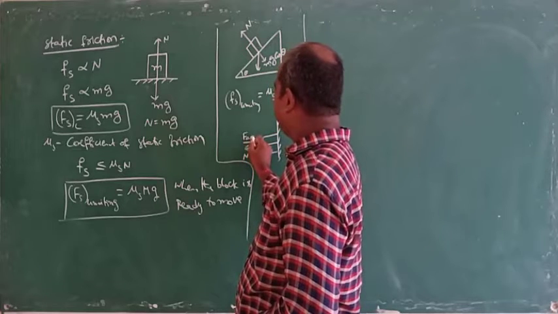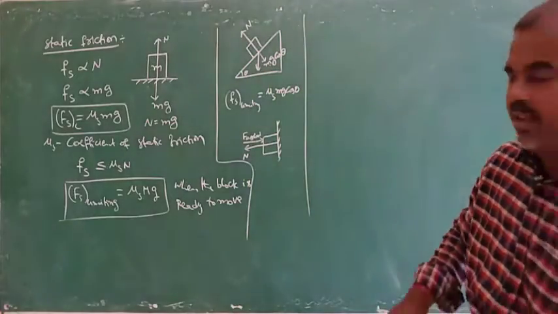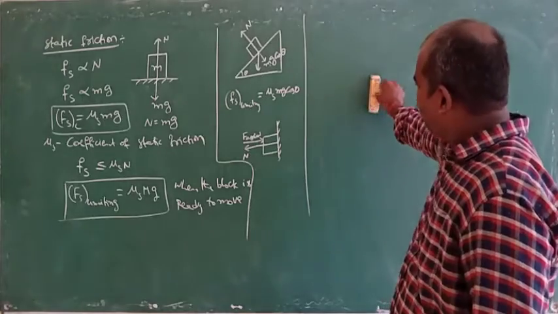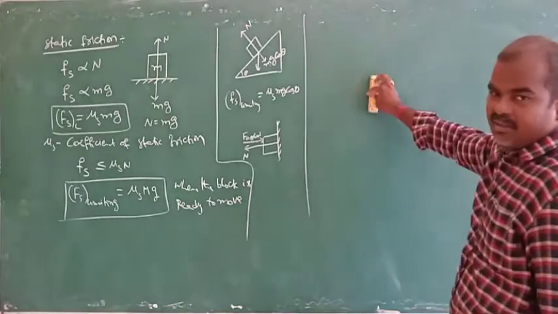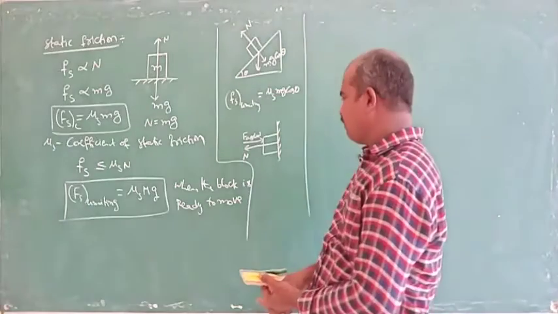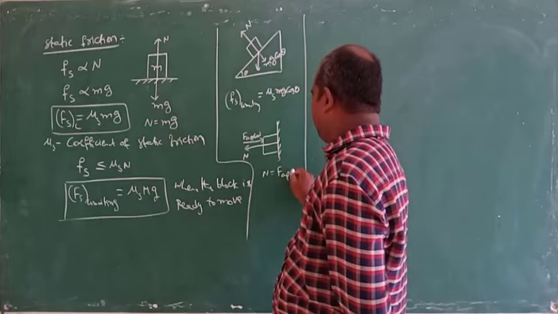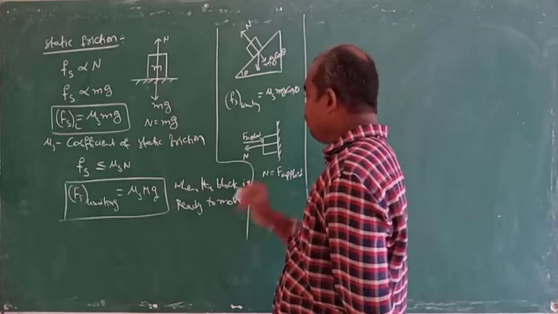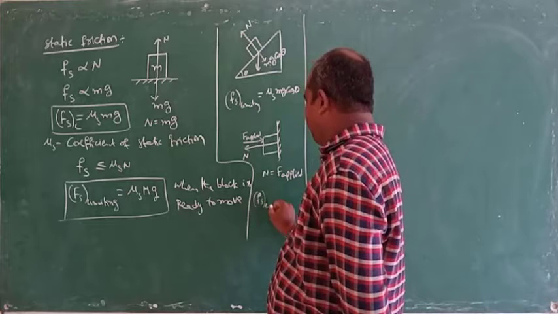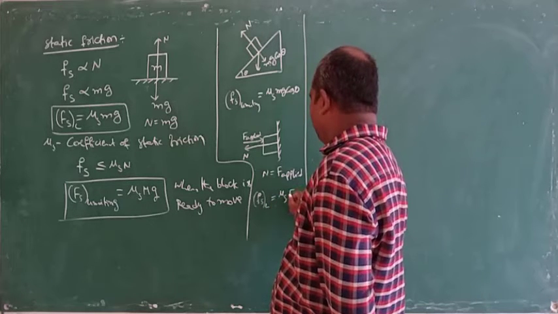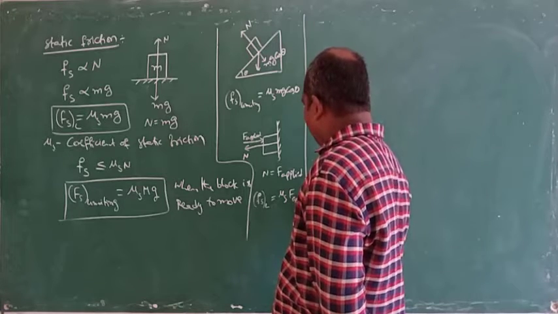F applied is like rubbing a blackboard with a duster. In this situation, normal force is equal to F applied. So the limiting force of friction is equal to mu s into F applied.